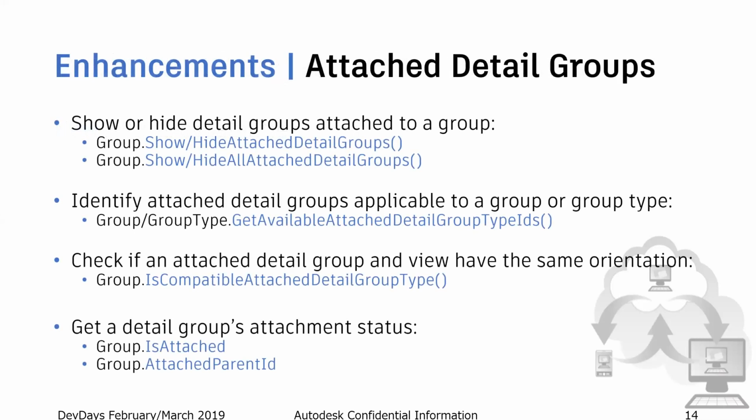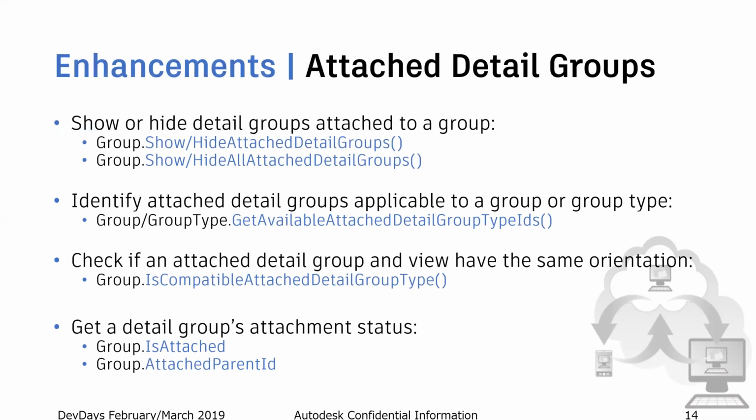The first thing in here is that we've added support for attached detail groups for groups, and there are a number of things you can do. You can now show and hide detail groups. You can identify which detail groups are applicable to what. You can check if an attached detail group and a view have the same orientation to make sure that if you enable it, you'll actually be able to see it.